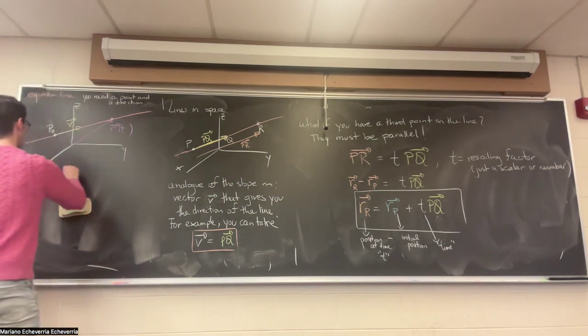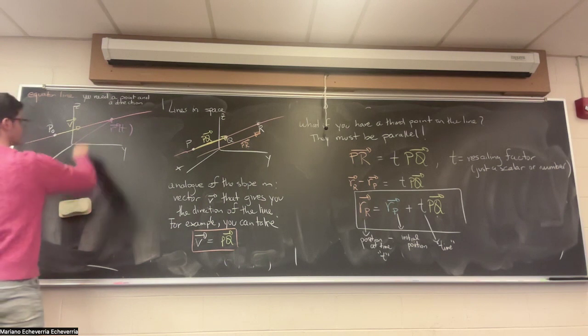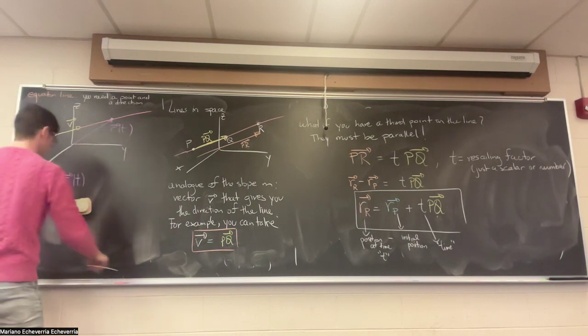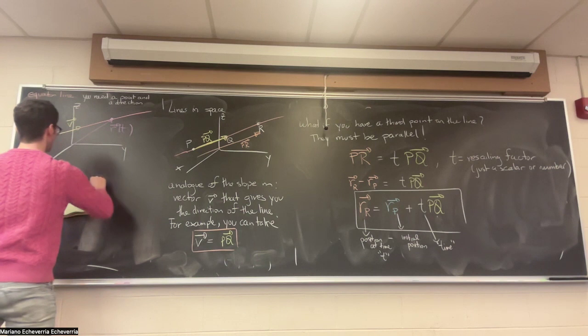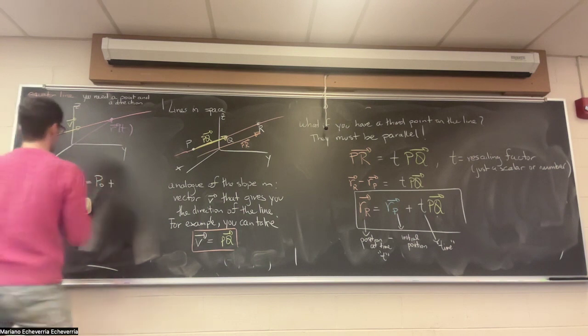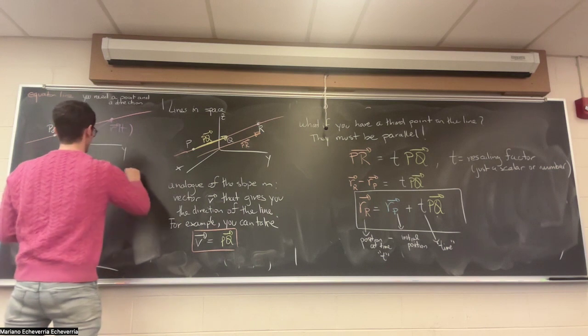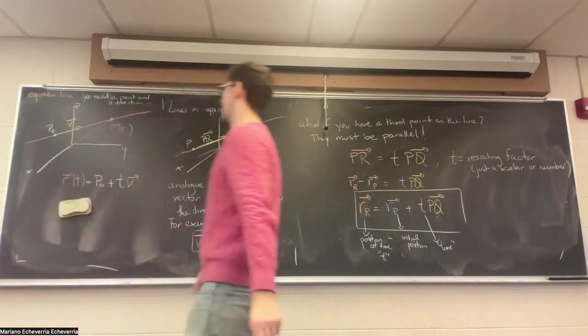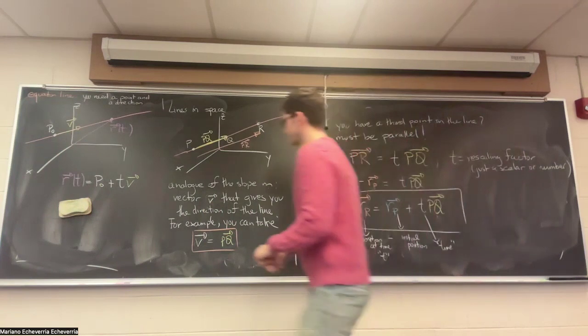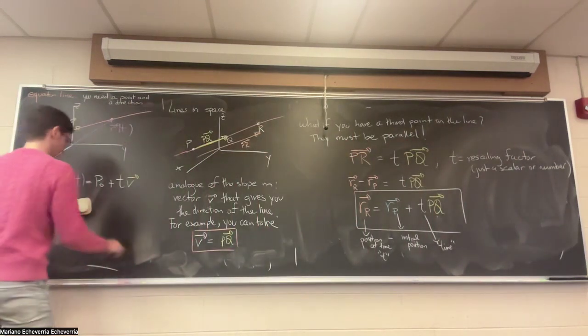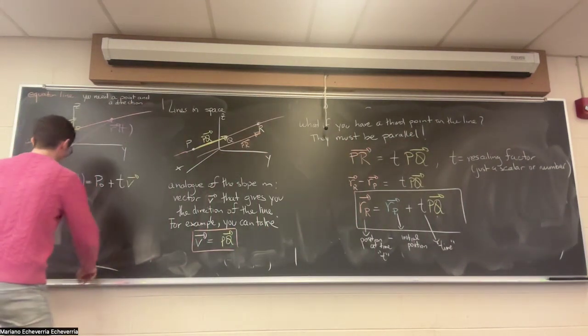So the formula for the equation of the line is that R of T, the position at time T, is the initial position, which I'm calling P naught, plus T times the velocity vector, which we'll use more thoroughly next week.